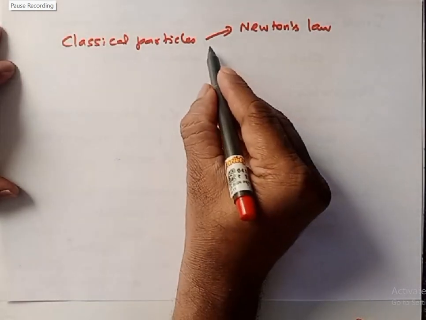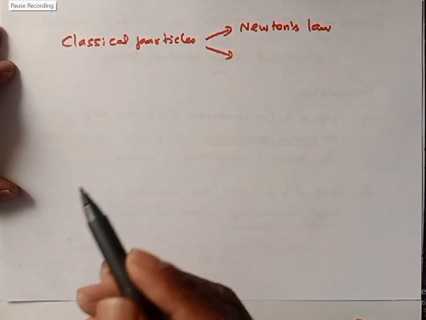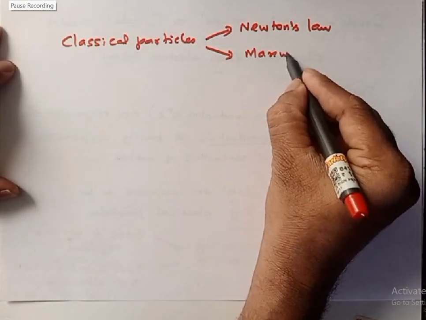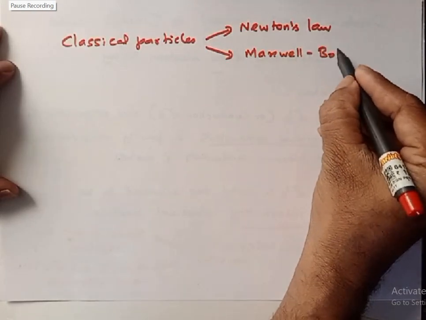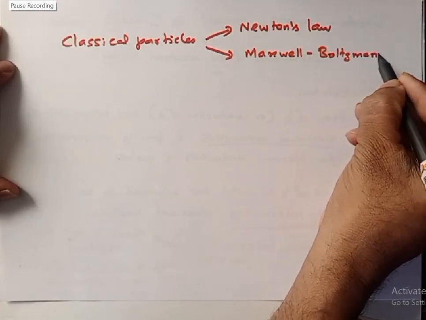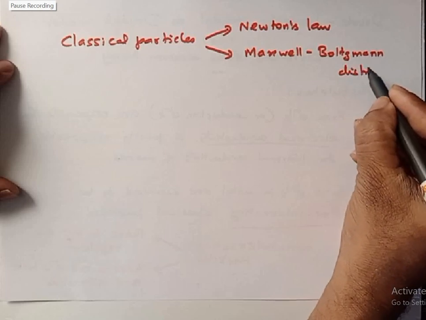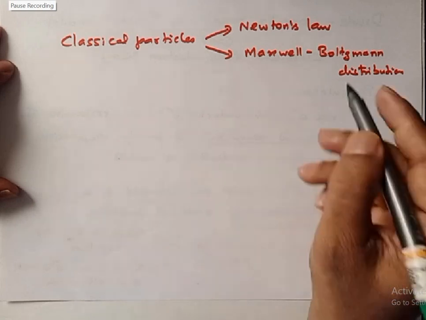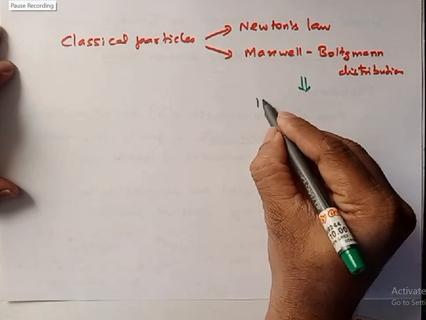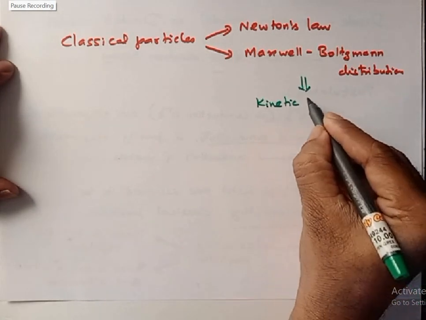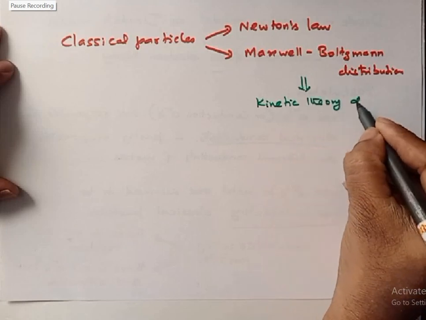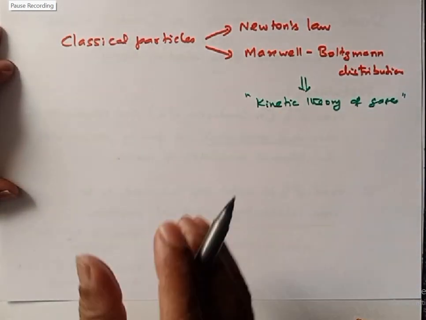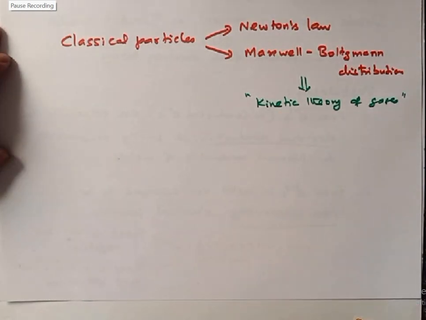It also obeys the Maxwell-Boltzmann distribution or statistics. Since it obeys Maxwell-Boltzmann statistics, we can very well apply the kinetic theory of gases to these electrons to find the average velocity.